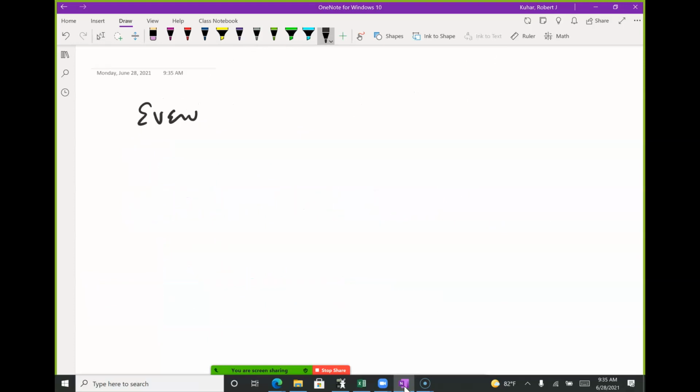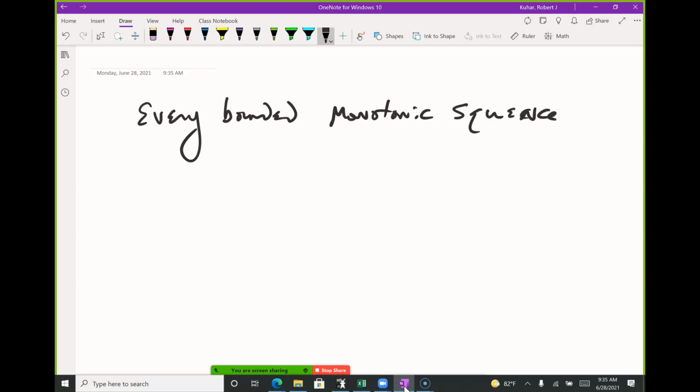So every bounded monotonic sequence is convergent. What does convergent mean? There's a limit, right?